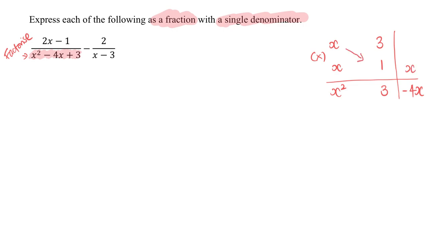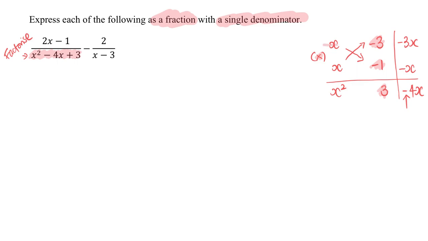And as I multiply them out, I realize that I do need a negative sign. Meaning that if it is negative 1x and negative 3x, they will then give me my negative 4x. Indeed, negative 3 times negative 1 will give me my positive 3.